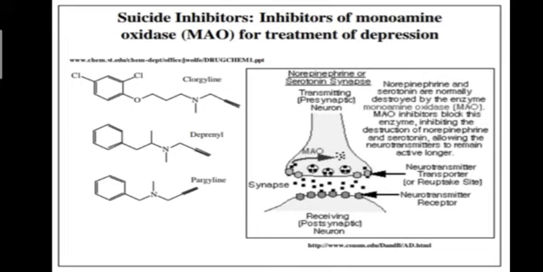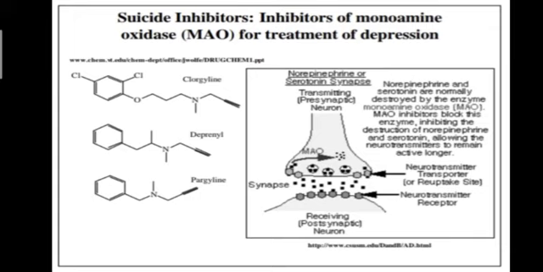And another example, a suicide inhibitor of monoamine oxidase for treatment of depression. Here we know that norepinephrine and serotonin are neurotransmitters, and norepinephrine and serotonin are normally destroyed by an enzyme, that is monoamine oxidase.